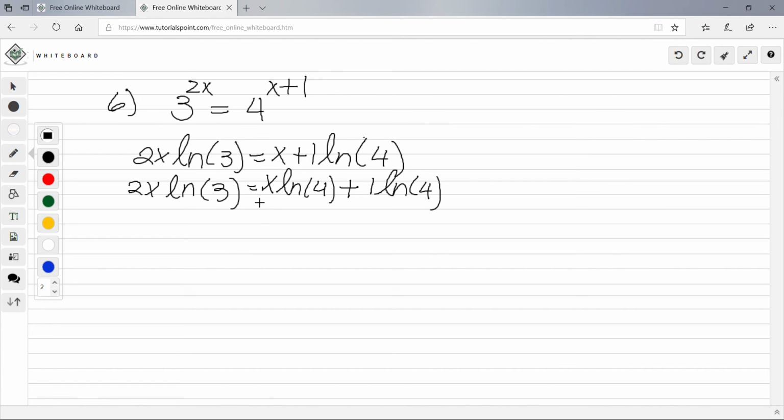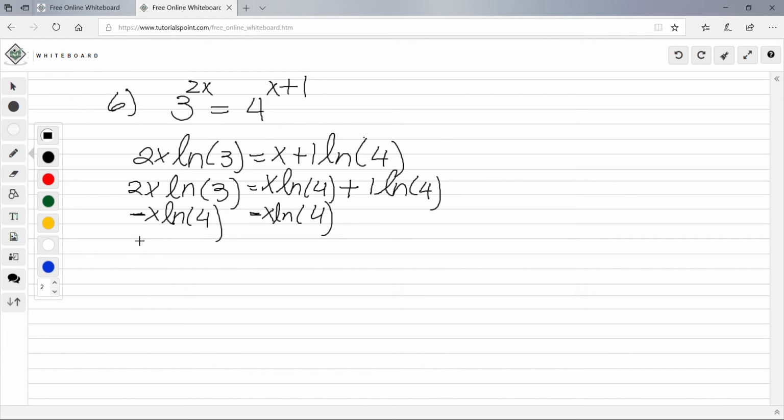Remember how we want to solve for x, so let's get all the x's on one side. We have x ln 4 here, and then we have 2x ln 3. So I'm going to subtract x ln of 4 from both sides because I want to get all the x's on one side.